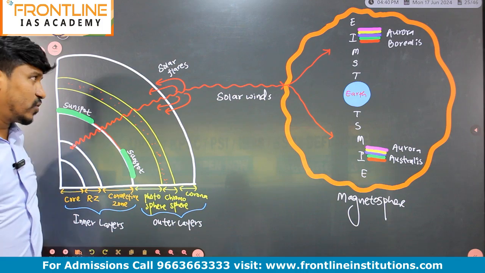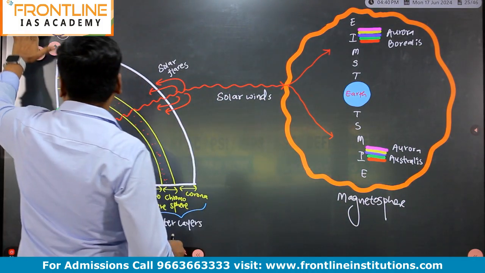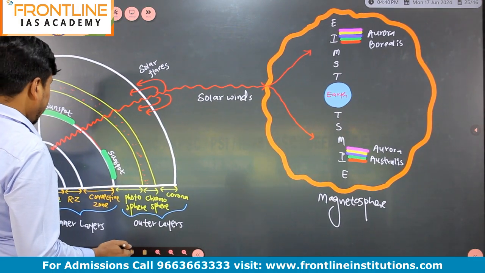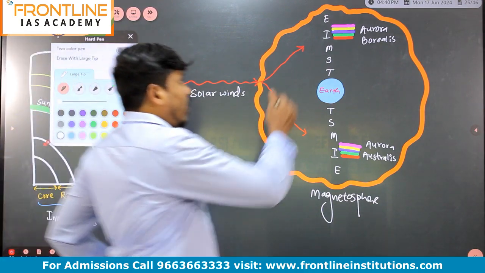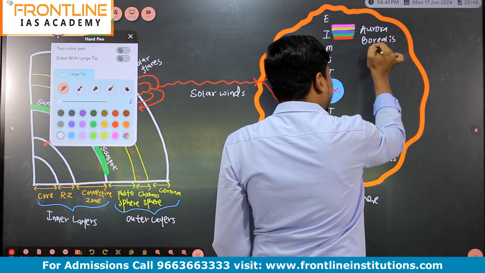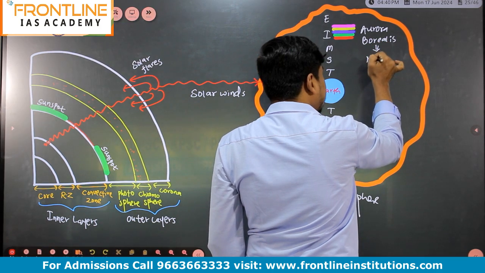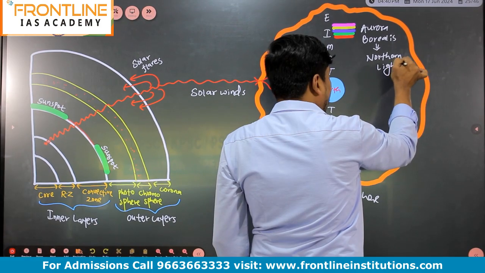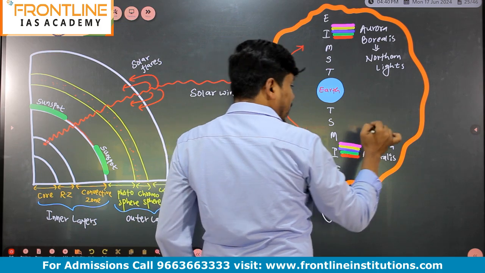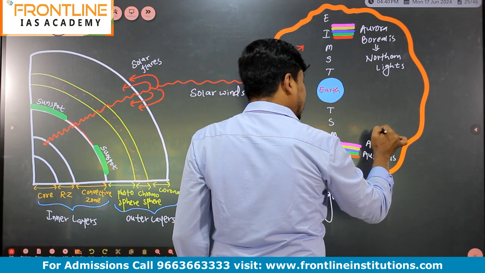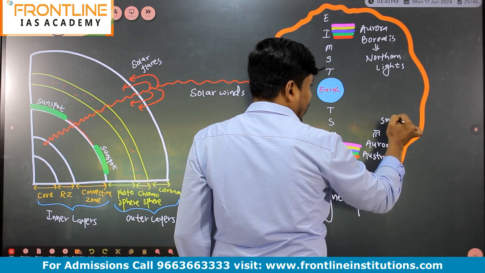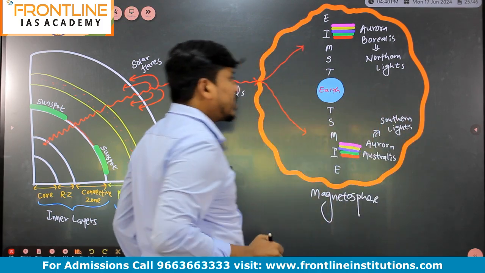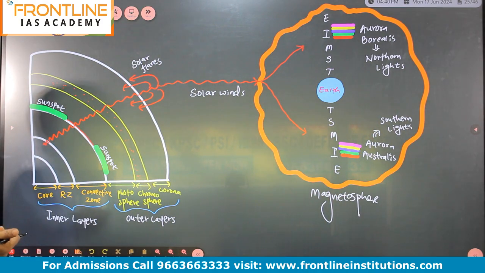Aurora borealis is also known as the northern lights, and aurora australis is also known as the southern lights. Very important.